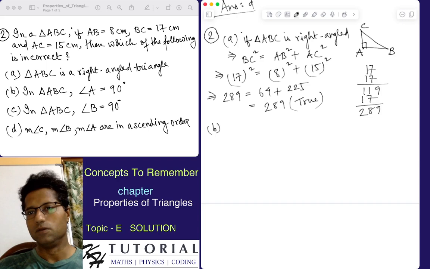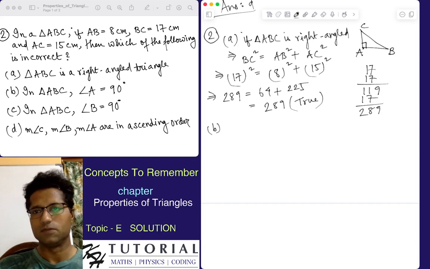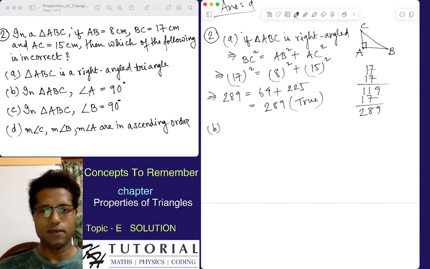So BC is the hypotenuse, then its opposite angle is A. That must be the right angle. So B is saying angle A equals 90 degree. This is also true.